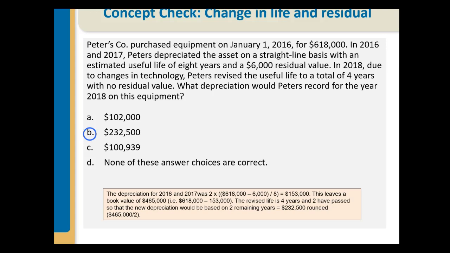So from what was remaining, we have 2 years left at this new depreciable cost. So the 465, divide that by 2, means we would record depreciation for the next 2 years of $232,500.